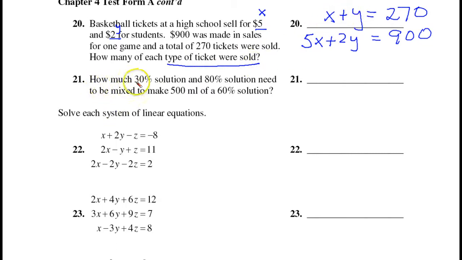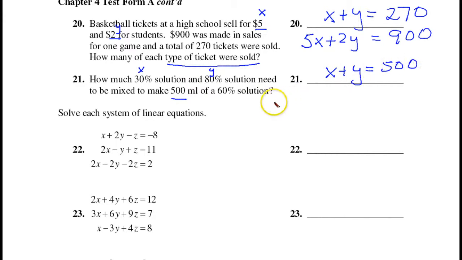Number 21, how much solution? 30%, 80%, to make a mixture of this many of 60%. All right, we're going to call the 30% solution X, the 80% solution Y, and our first equation, X plus Y, equals the total amount of solution, 500.